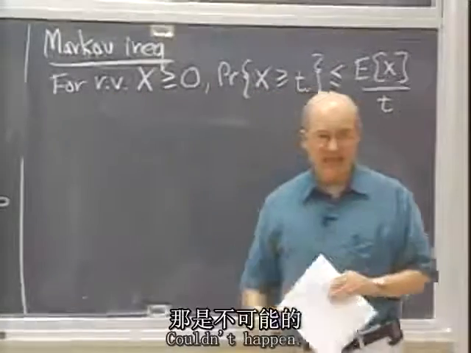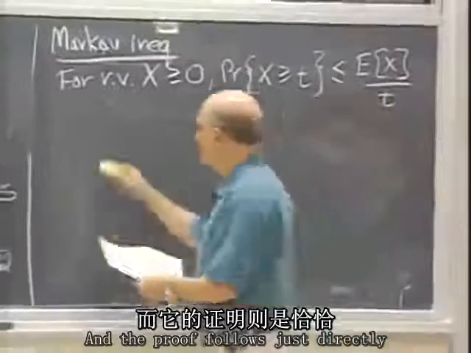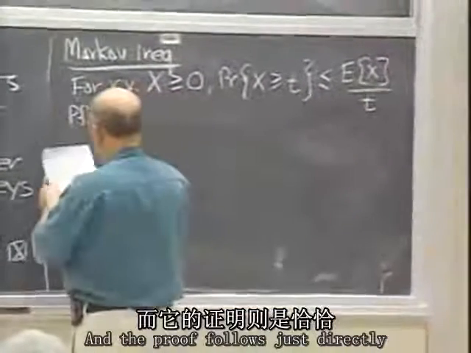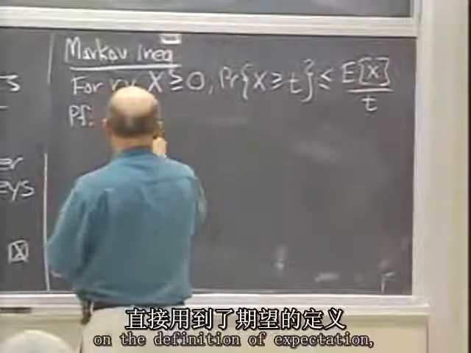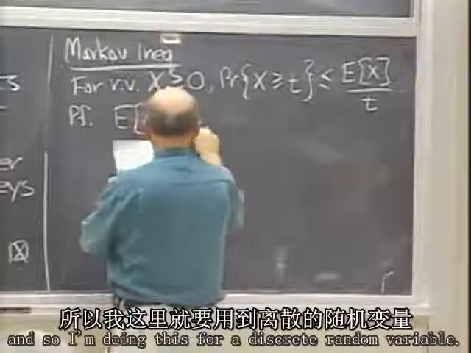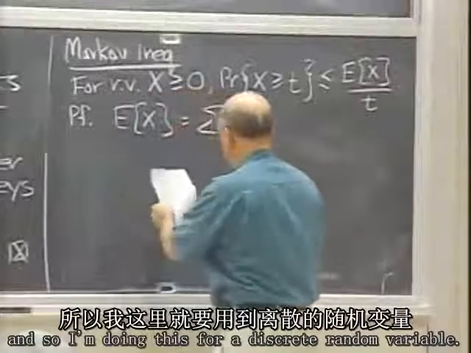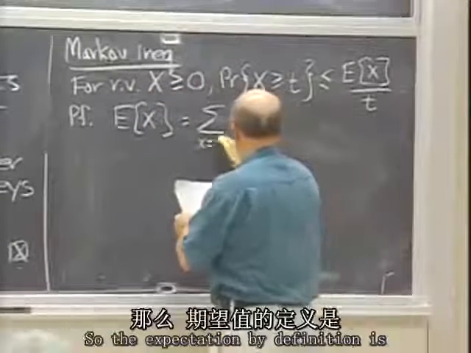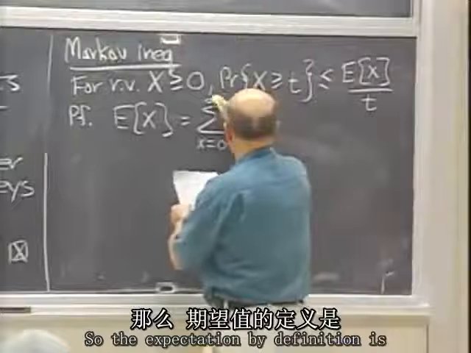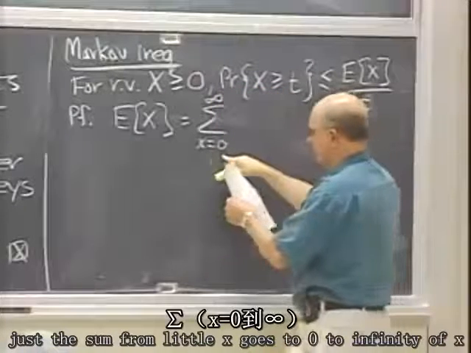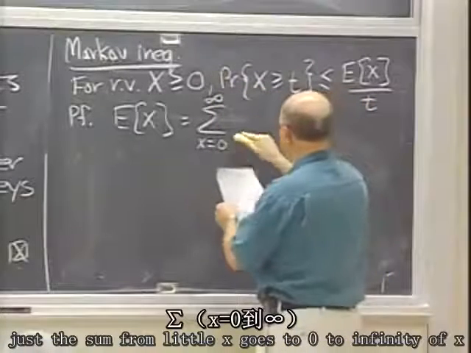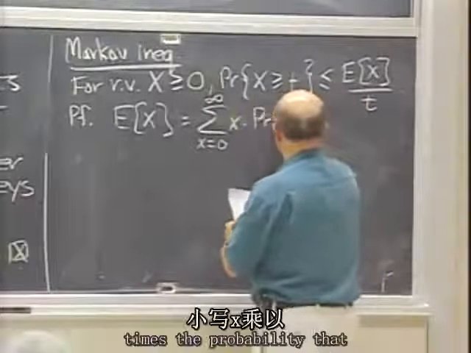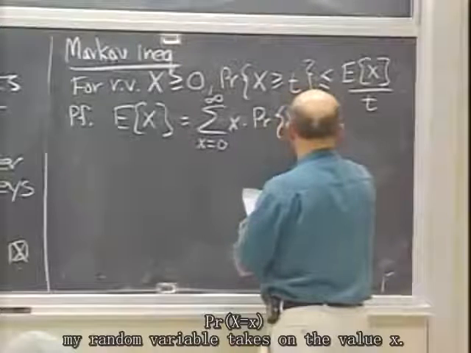Couldn't happen. And the proof follows directly from the definition of expectation. I'm doing this for a discrete random variable. So the expectation, by definition, is just the sum as little x goes from 0 to infinity of x times the probability that my random variable takes on the value x.